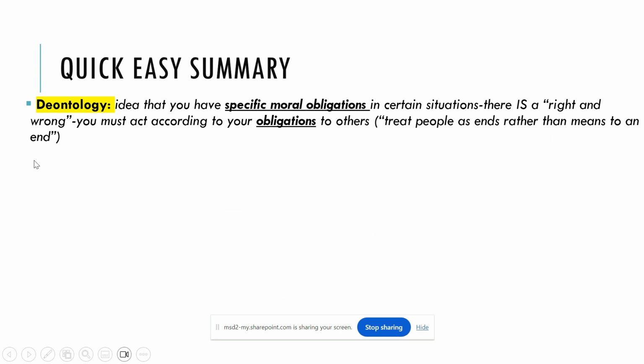So deontology, the idea that people have specific moral obligations. The big question you should be asking yourself when thinking about things from a deontological perspective is, who has the obligation here? Who has the duty, is what we say sometimes. You need to act in accordance with your duty. So in this case, there is a right or wrong because you have to act in accordance with your obligations.